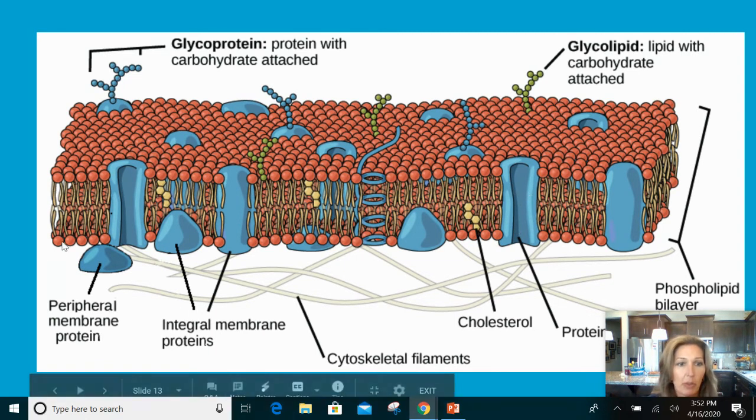Remember, I've got peripheral proteins and then my integral proteins. Most of these integral proteins are going to be channels to allow for transport of charged particles, or also for active transport. We'll talk about different transport mechanisms.